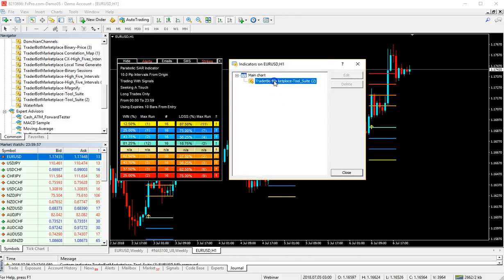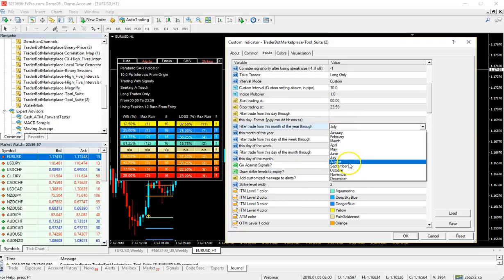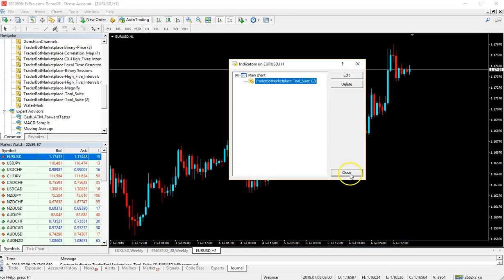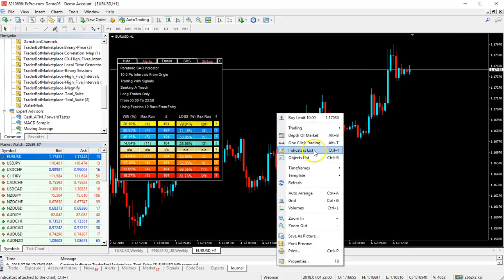Okay, so now instead of looking at the month of July, let's look at the months that they say are the best, which is September through November. That's what everybody on the internet says are the best months to trade. We're looking at this OTM rate. We want it to get back in the 70% range, or 80. Okay, so it shows 74, so guess what?